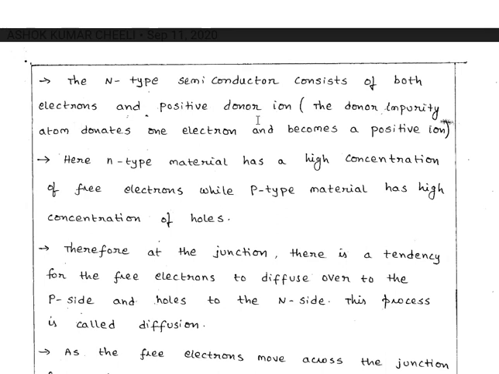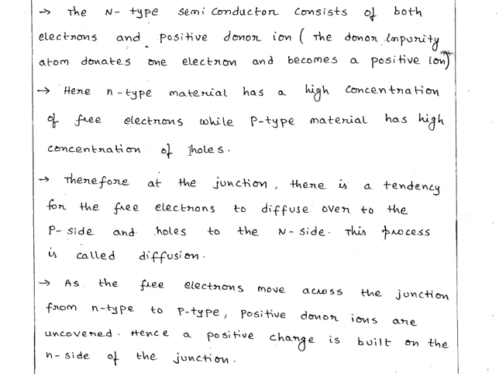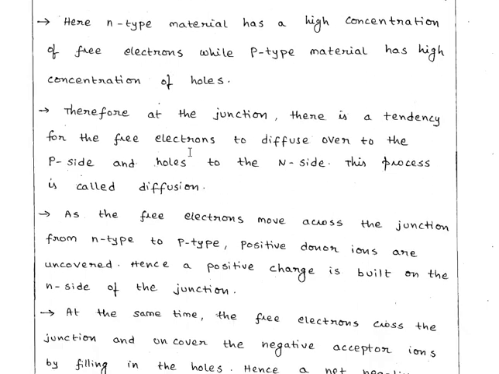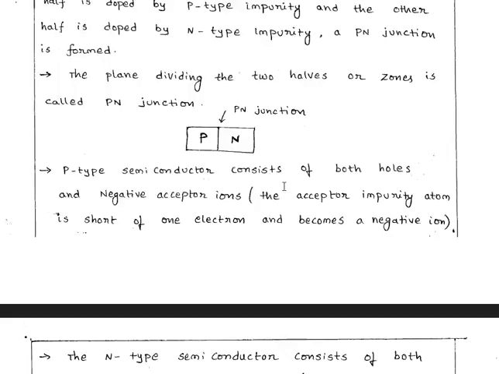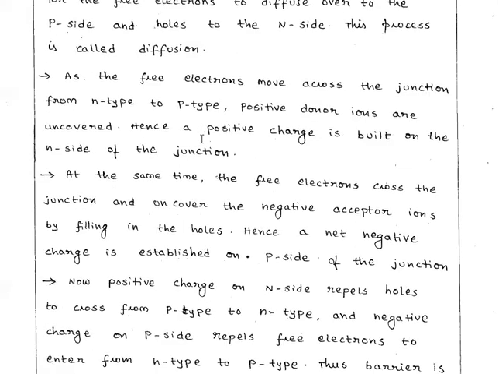That is, the donor impurity atom donates one electron and becomes a positive ion. Hence, n-type materials have a high concentration of electrons and p-type materials have a high concentration of holes.